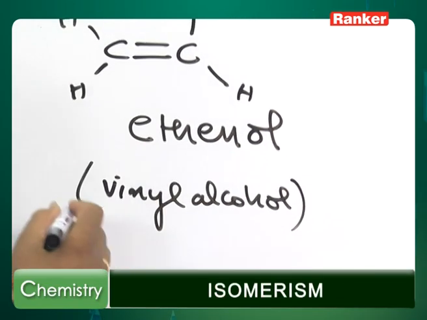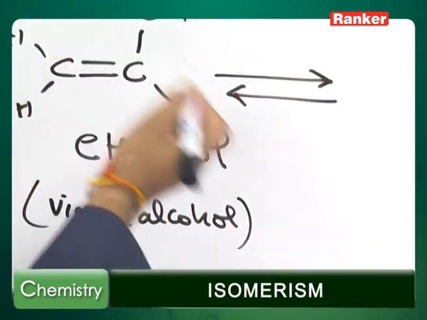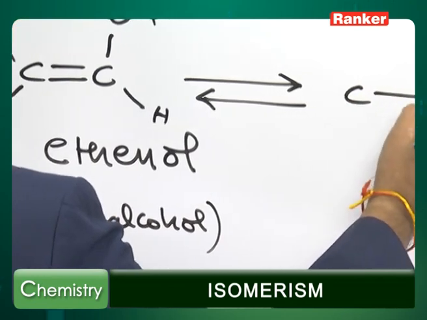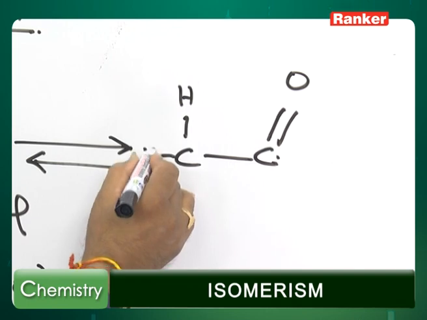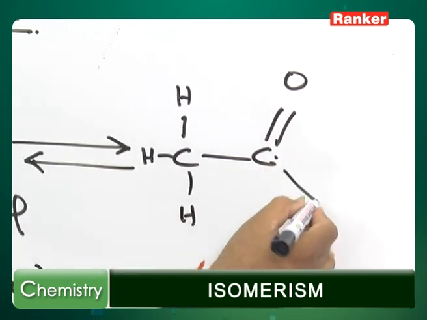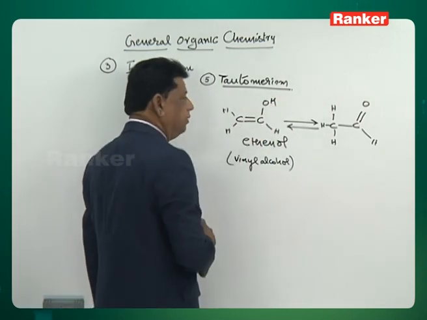In this vinyl alcohol, there is a chance of changing this compound into another compound, wherein the hydrogens on this side are 3 now, and that side only 1 hydrogen. So 1 hydrogen on the O is shifted to this carbon.